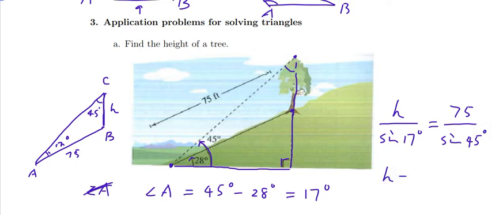So now we can easily find h. Just multiply: h equals sine 17 times 75 divided by sine 45.